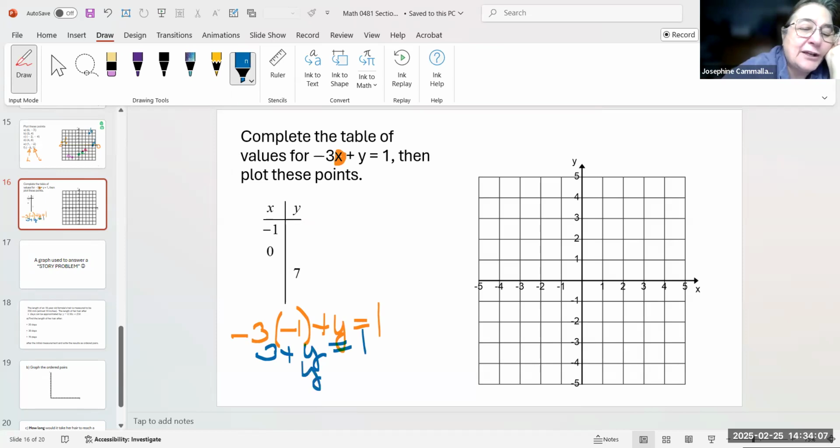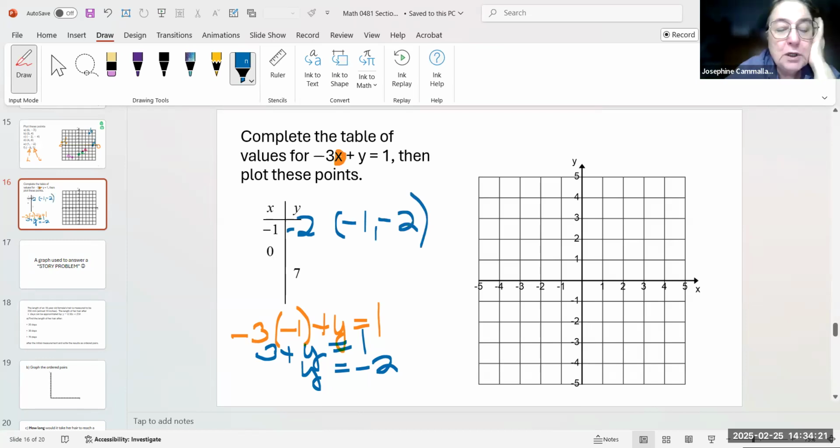If I subtract 3, I get a -2, which means this is -2. My ordered pair is (-1, -2). Okay, I'm going to graph it. This is left, this is down. Left, down. Okay?